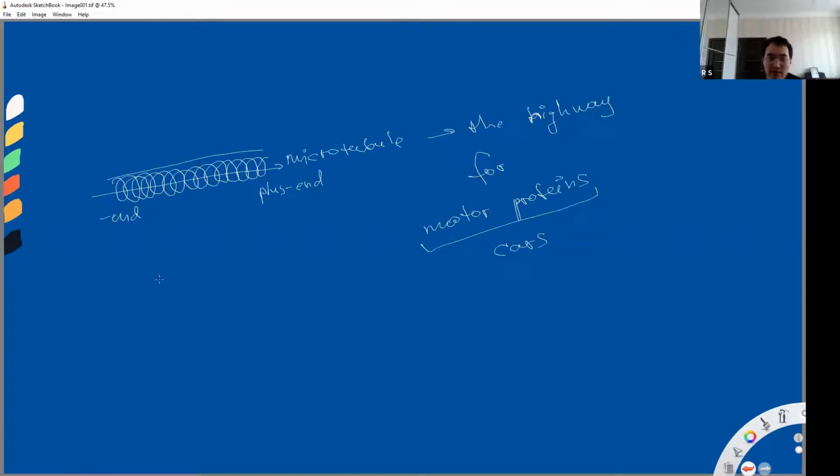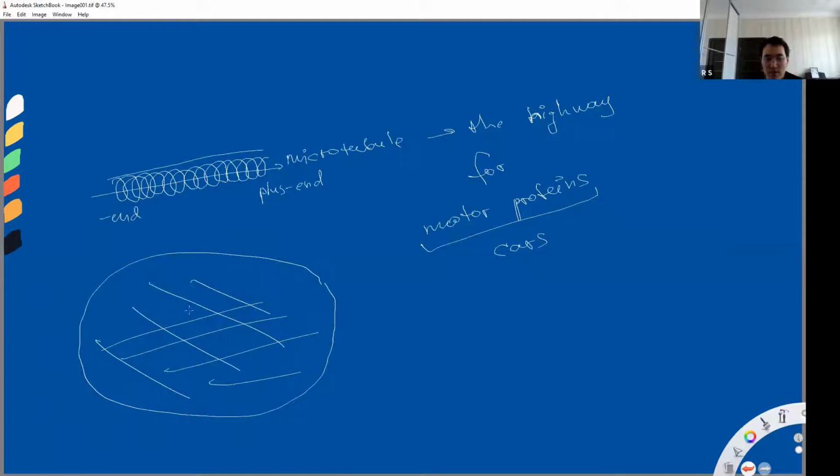Since we have a lot of these microtubules inside the cell, for example, we have a mitochondrion here, attached to this motor protein, and it starts moving, and we need to get it to this place.